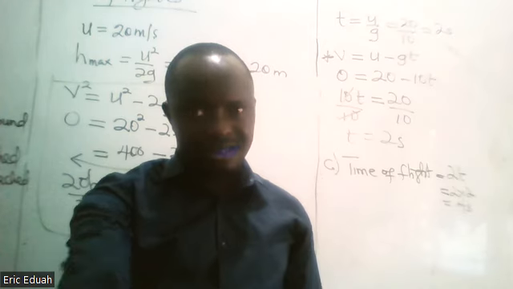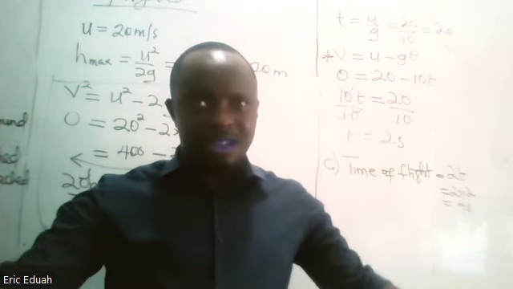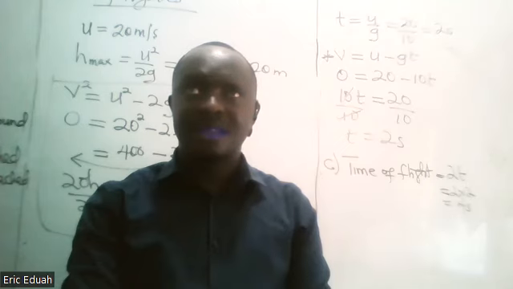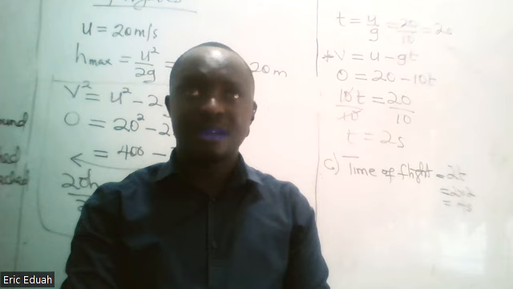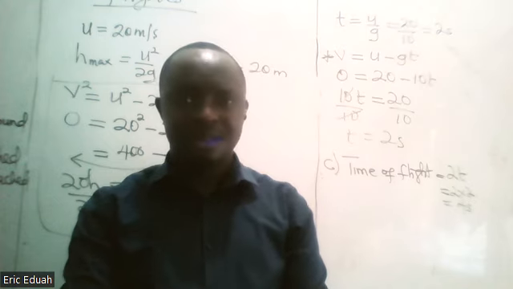Then the U is 0, because it's returning. So the U will become the final velocity for the first one, which was given as 0.